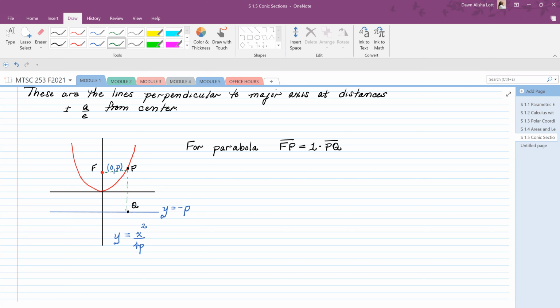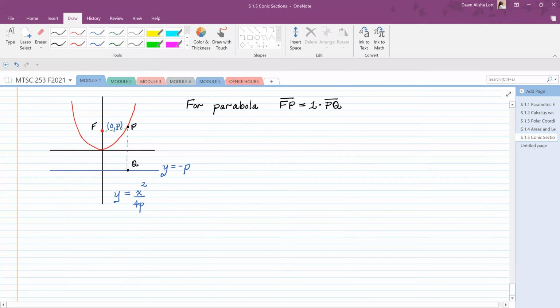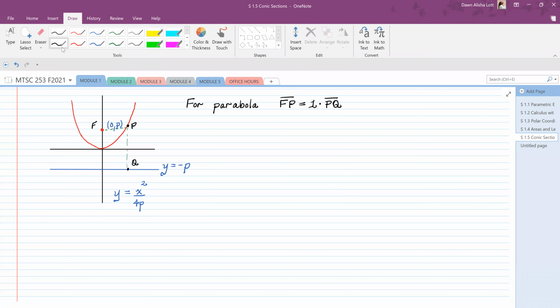Okay, so with an ellipse, it's just a little bit different. So for an ellipse, we have something that looks like this.